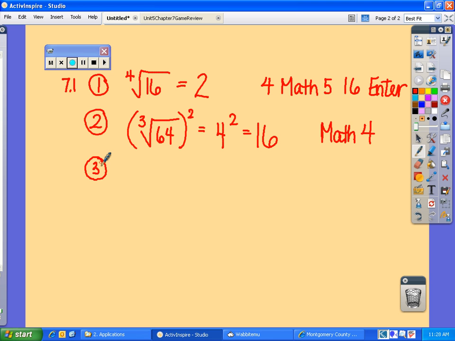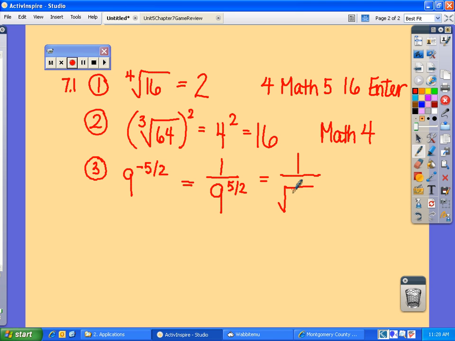Number 3, 9 to the negative 5 halves. First of all, remember that we have a negative exponent there. Negative exponent asks us for the reciprocal. So we get 1 over 9 and we change the exponent to positive. So we get 5 halves. Now, thinking about what an exponent of 5 halves really means, remember that the denominator is the same as the index in a radical.